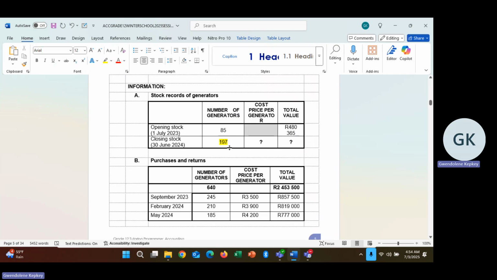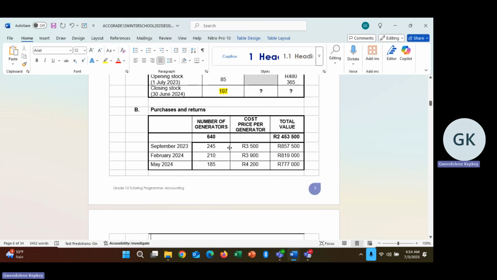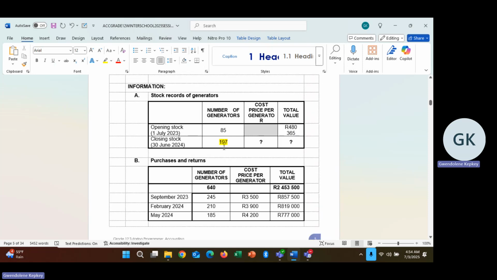And I will now use the information that they've given to me in order to do that. Very important, if we apply the FIFO, I make the number of items that I have left my center point of my calculation. So what ma'am has prepared for you is the following. We need to find out what items or how many items I have purchased last.